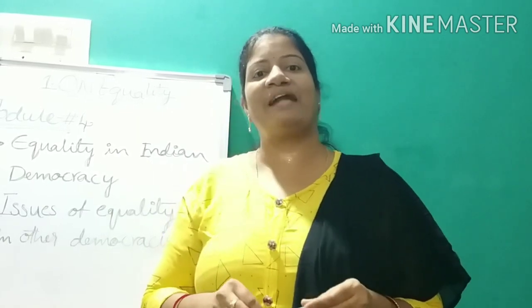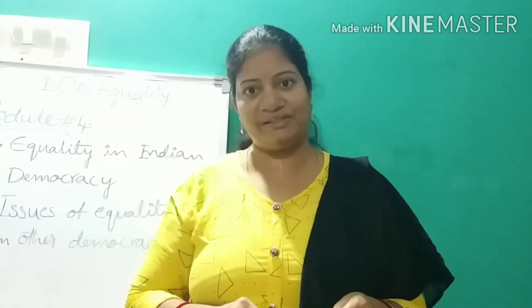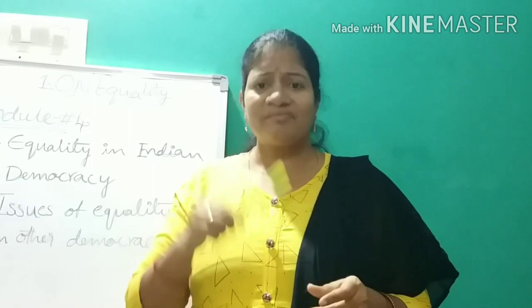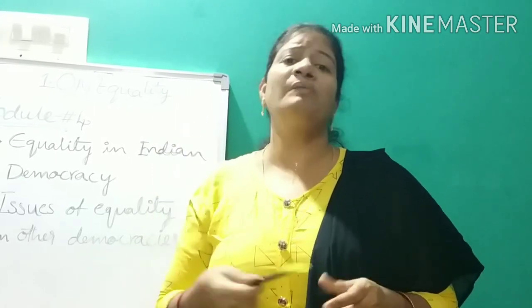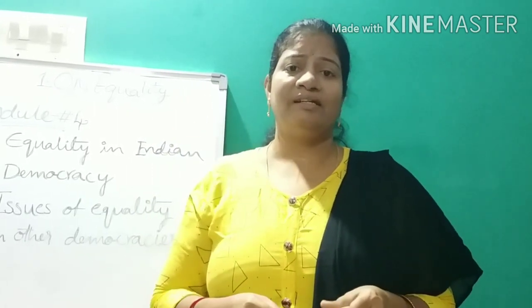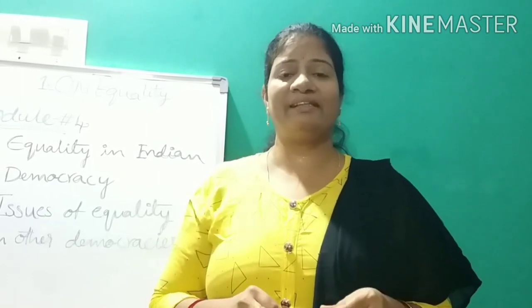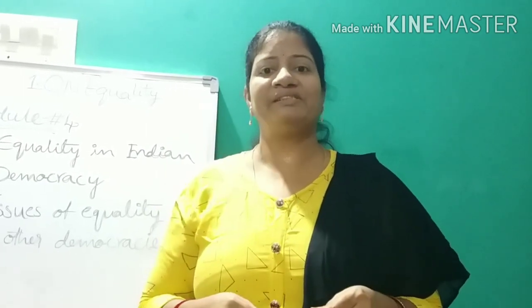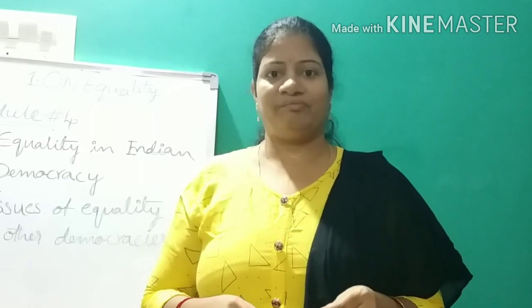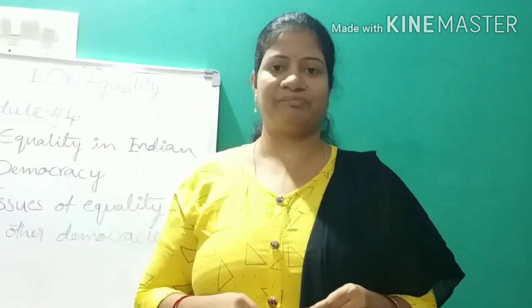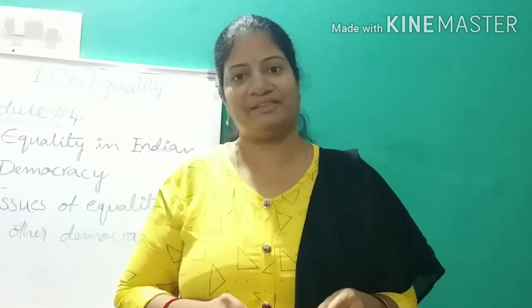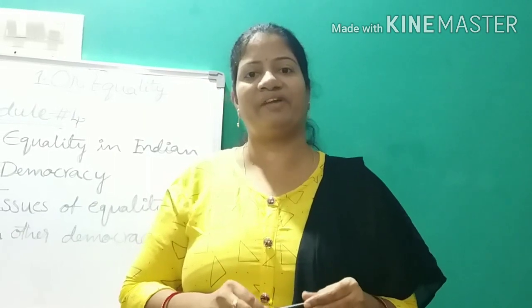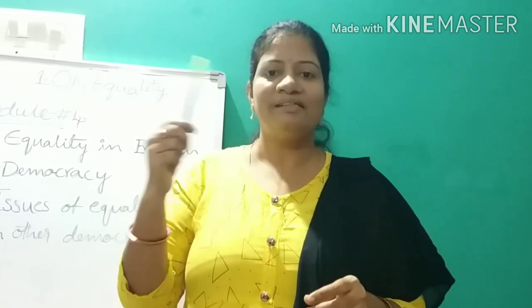So the movement started in the late 1950s, and they struggled for a long period, right? They faced discrimination based on color, whites and blacks, right? Here African Americans faced so many problems in that situation.